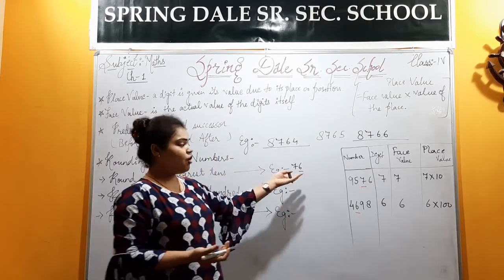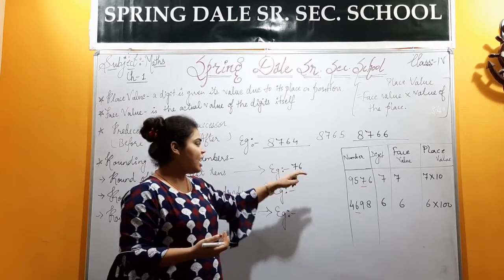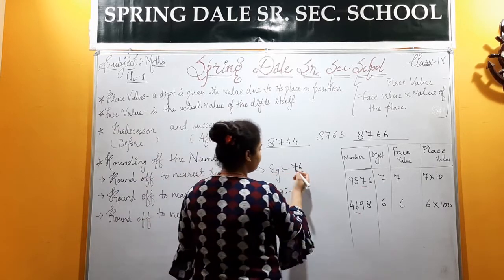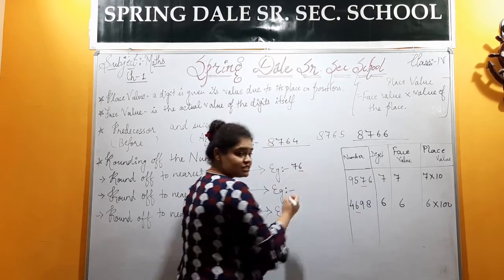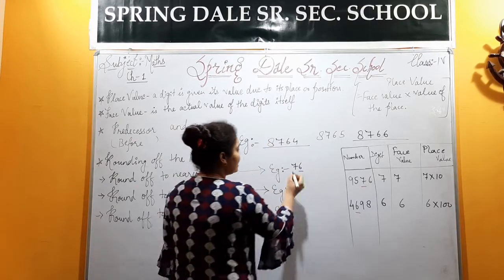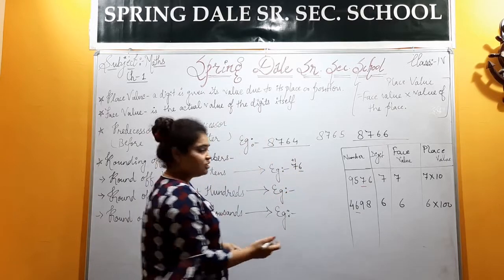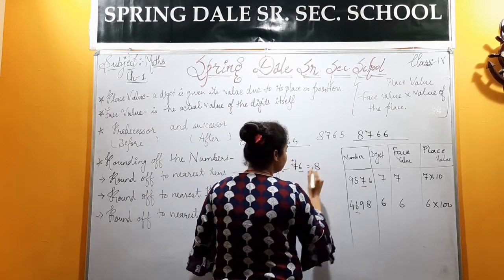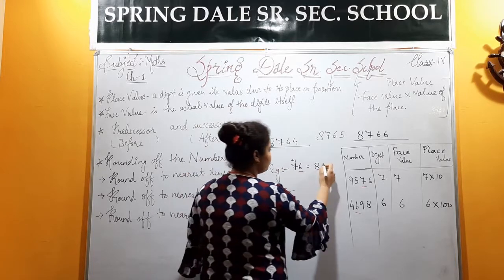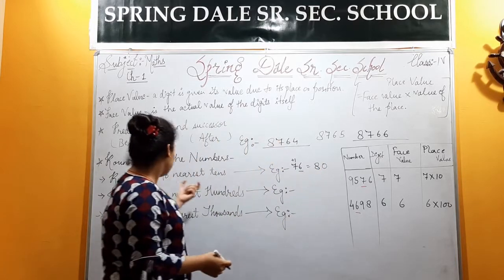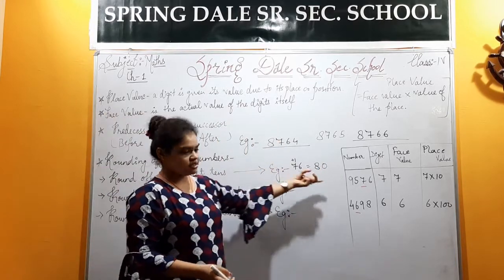If we have 5 or a greater number, we just add one to the previous digit. So, here we have 7. We will add one to 7 and it will be 8. So, we will write 8 and this 6 will become 0. So, it is just the round off to the nearest tens.